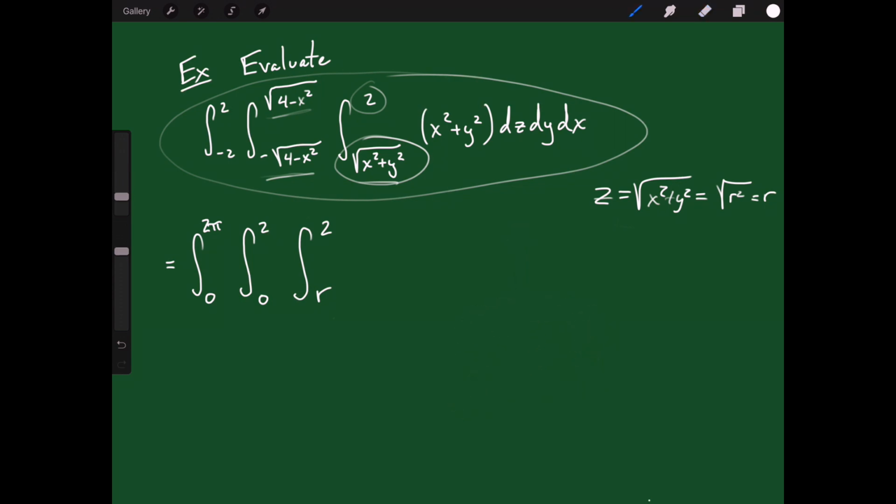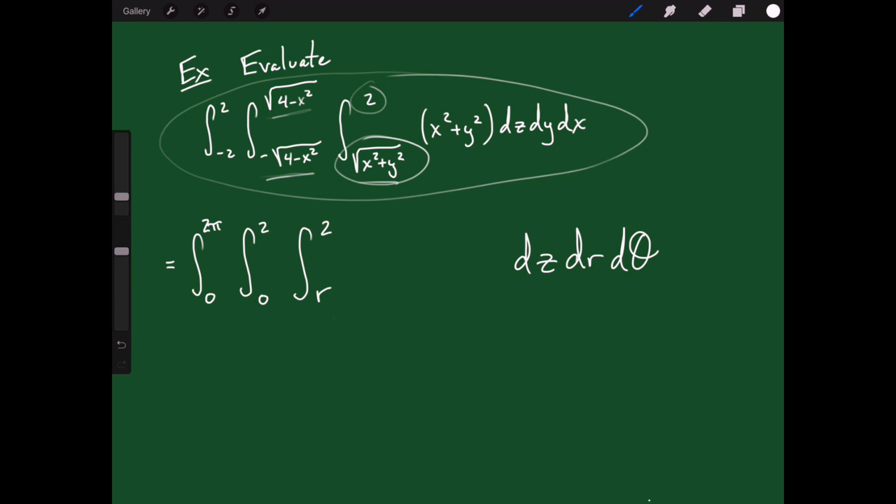I know that what goes at the end here is dz, dr, d theta, which is almost always what I'm going to want the order to be when I'm doing cylindrical. Okay? Now, what goes inside?